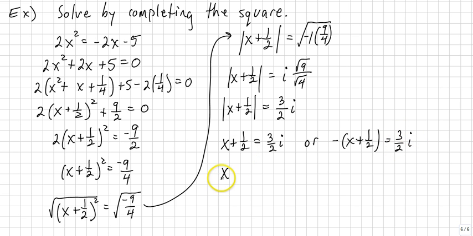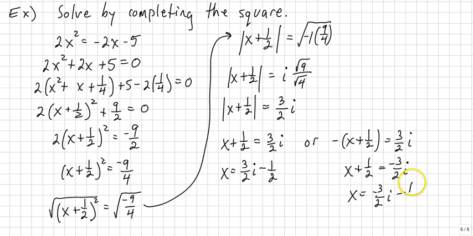Subtract 1/2 from both sides. You can distribute the negative or divide both sides by negative 1. And then subtract the half. And we get our two solutions.